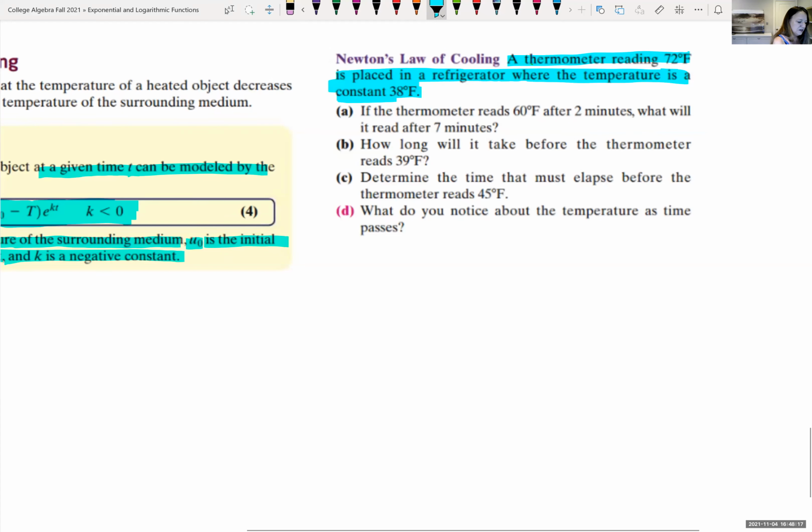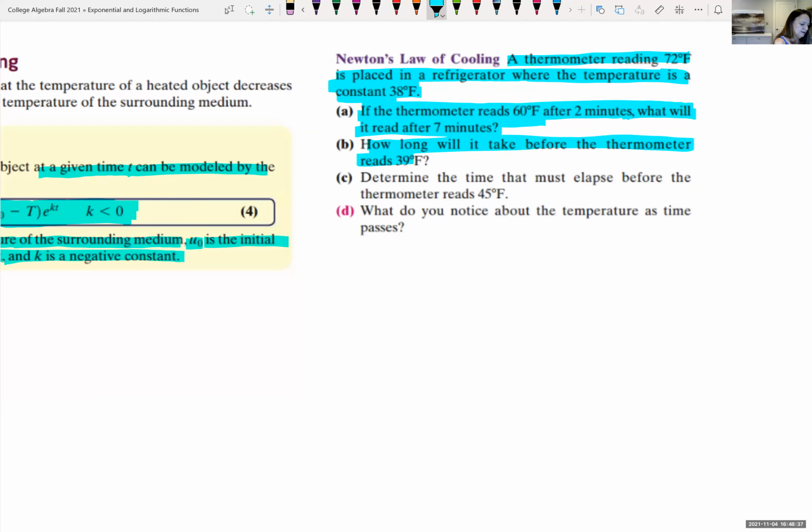If the thermometer reads 60 degrees Fahrenheit after 2 minutes, what will it be reading after 5 minutes? How long will it take before the thermometer reads 39 degrees? Determine the time that must elapse before the thermometer reads 45 degrees. What do you notice about the temperature as time passes?